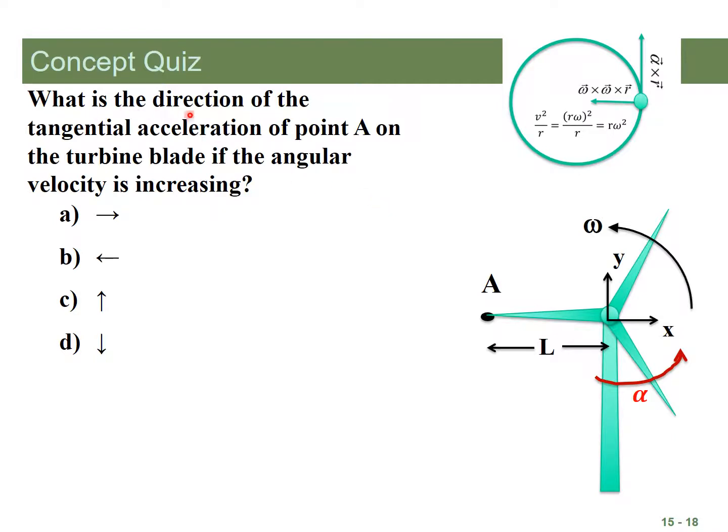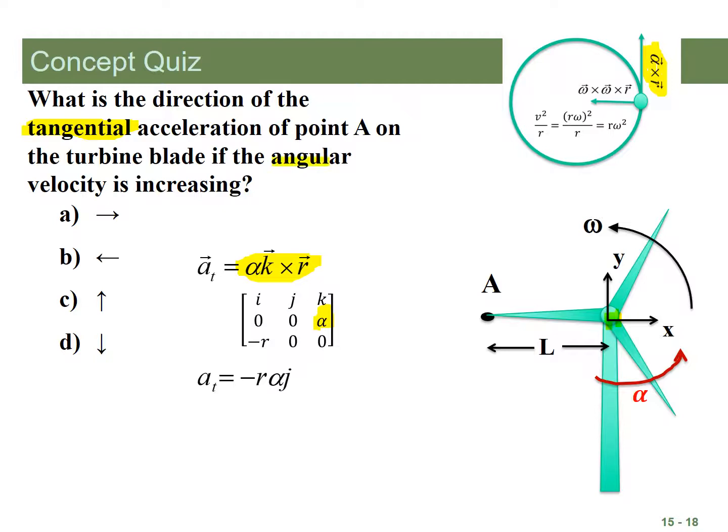Okay, next up, what is the direction of the tangential piece of acceleration? So now we're going to look at alpha cross r. This is the change in the magnitude of the velocity, the tangential piece. Let's walk through this cross product. So alpha cross r, you're going to put alpha on the top. Remember, the direction of alpha describes the axis of rotation.